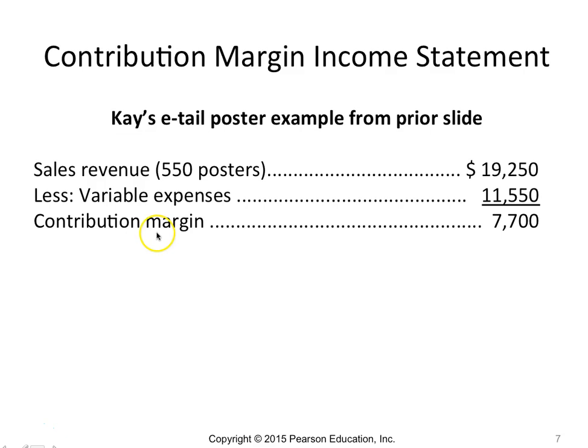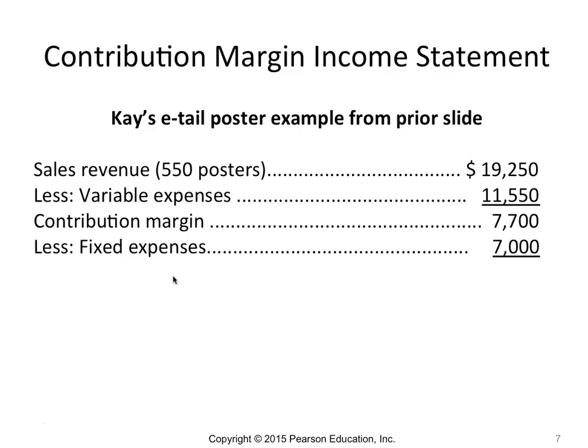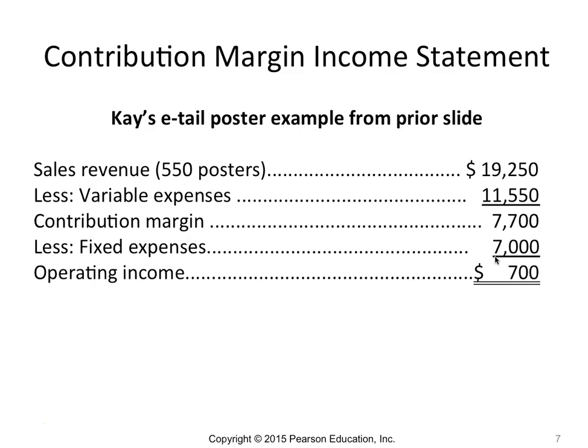The next line will be the fixed cost. If we use the contribution margin minus fixed cost, we're going to get the operating income. So 7,000 is a given number, the fixed expense, and then we get operating income of $700. So this is the contribution margin income statement.